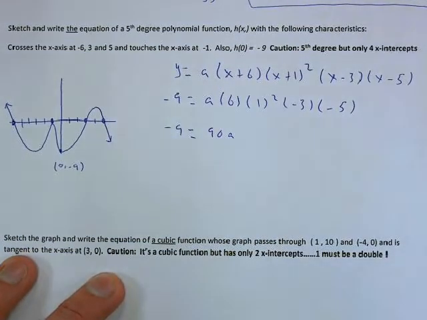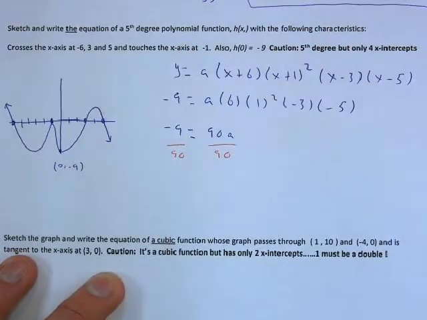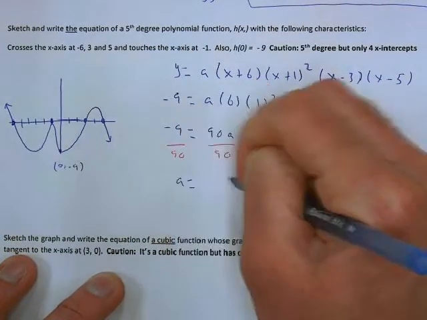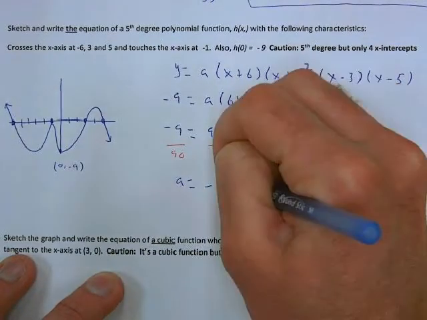Okay. All right, and then divide both sides by 90. And then reduce that, and we get A equals negative, because negative over positive is negative, and then 1/10.